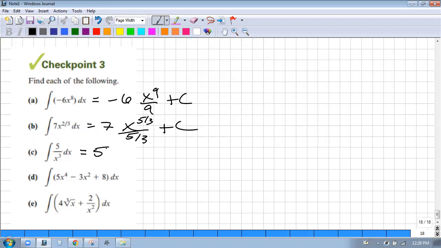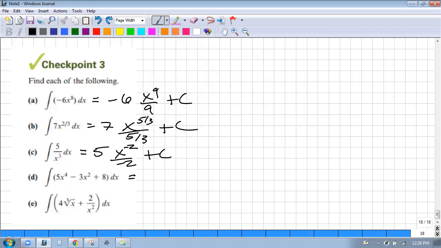I could pull the 5 out. This is really x to the minus 3. So I'd have to have x to the minus 2 over minus 2. All right. I took the derivative, multiplied by the minus 2, subtracted 1 from the exponent. I would get that. Right.